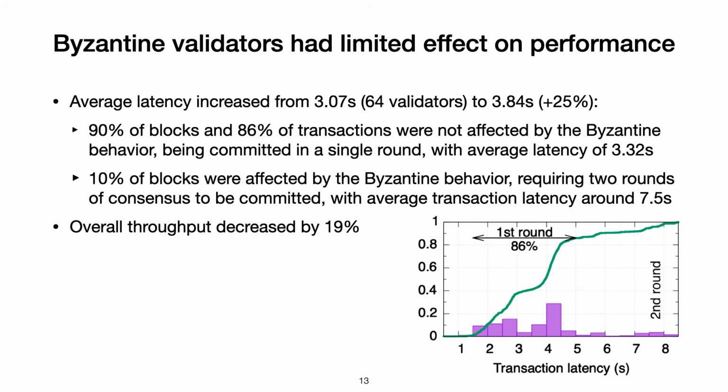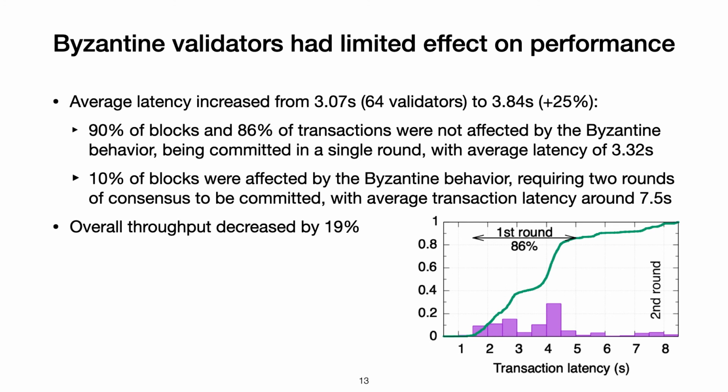But for 10% of the blocks, the first round of consensus did not decide a block. This happened because 2 distinct blocks were proposed in that instance of consensus by the 2 nodes running the same validator, and none of these 2 blocks managed to get the votes in order to be committed. Then, in a second round of consensus, one of the blocks was chosen by 2/3 of the validators and was committed.